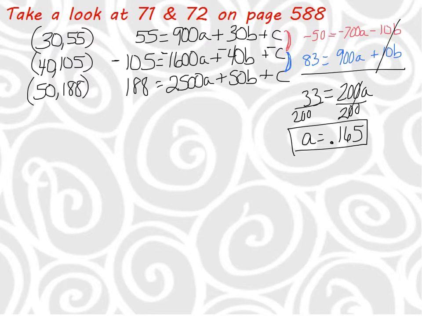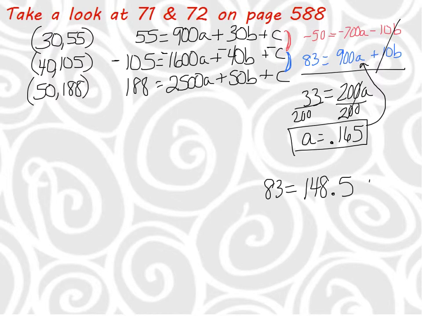I'm just going to take it into this bottom equation, and so then we end up with 83 equals, and I'll take 900 times 0.165, and I get 148.5.